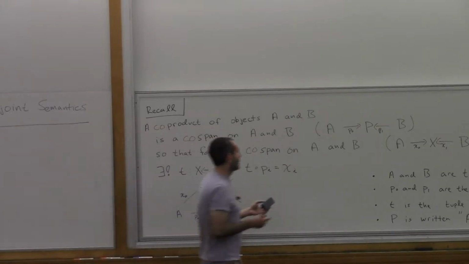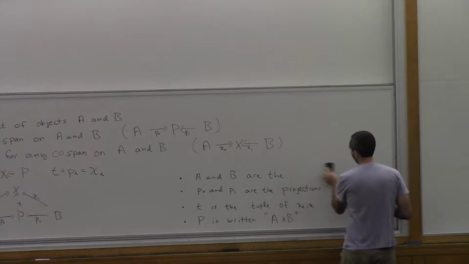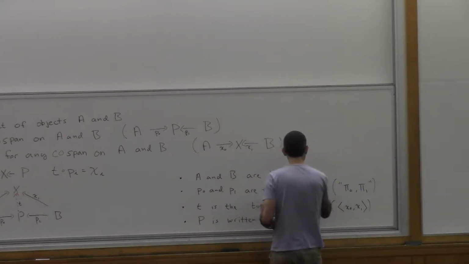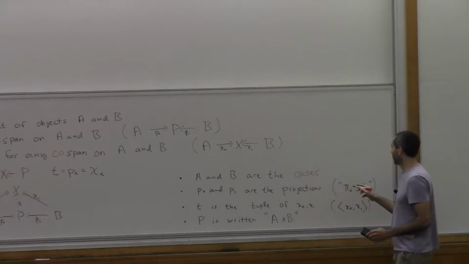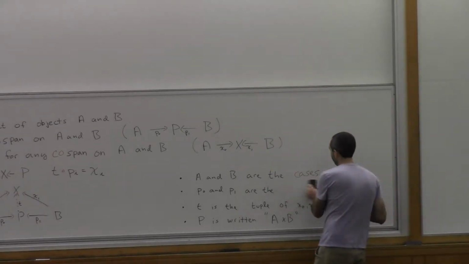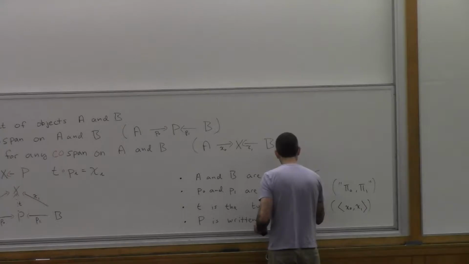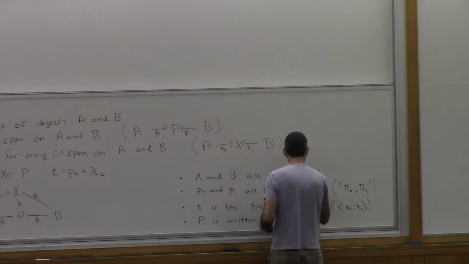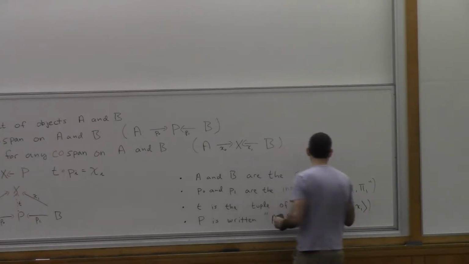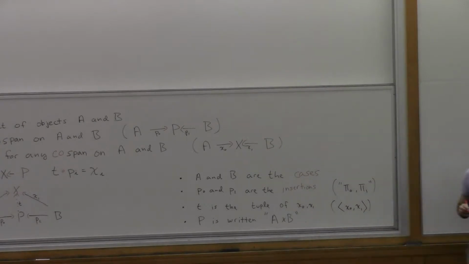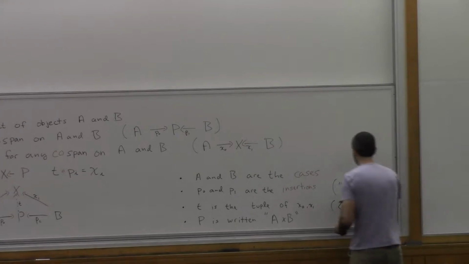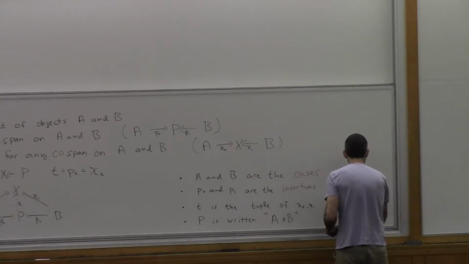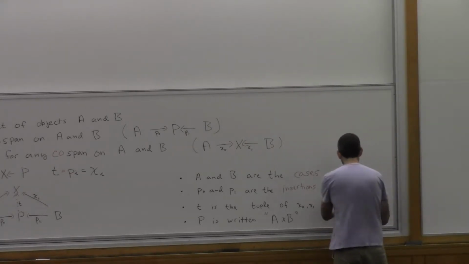Okay? And before we said that A and B were called the factors of the product, so now they're called the cases of the co-product. The pis were called the projections. I'll call them the insertions. Terminology on this varies, I'll warn you. And I'll refer to them generically instead of pis as little iotas, which I'm kind of bad at drawing.